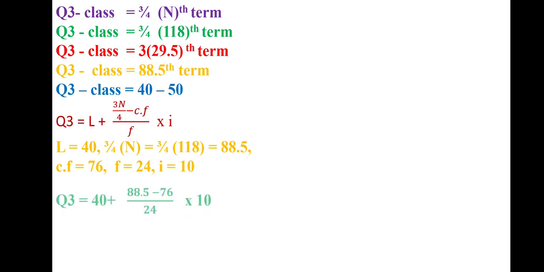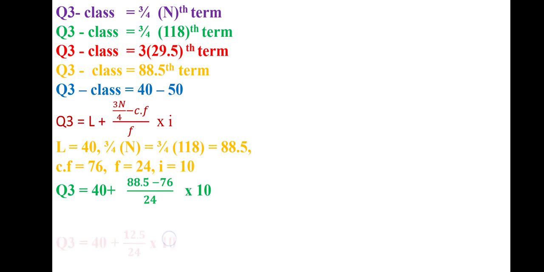I equal to 10 because class interval size here is 10. So L value substituted: 40 plus 88.5 minus 76 divided by 24 into 10. So 88.5 minus 76 will get 12.5 divided by 24 into 10.